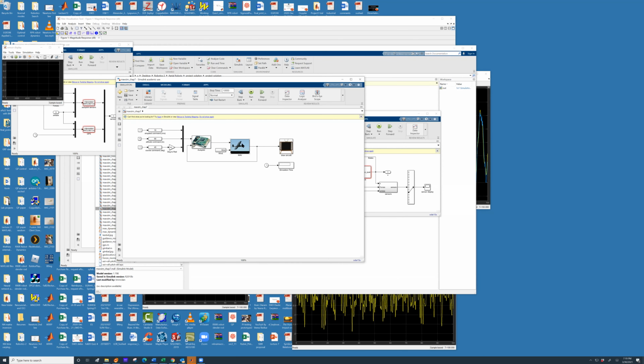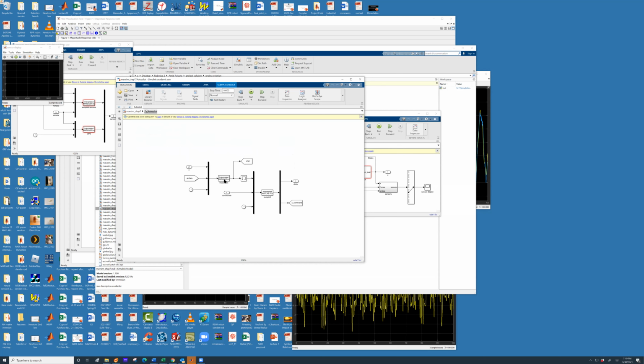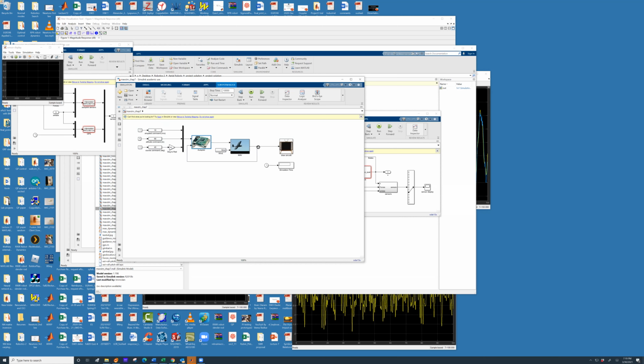wherein you will have your MAV dynamics, all your loops are implemented in this autopilot function, and this autopilot function actually implements all the lateral and longitudinal loops. This autopilot takes the feedback from the actual state that gets fed into autopilot.